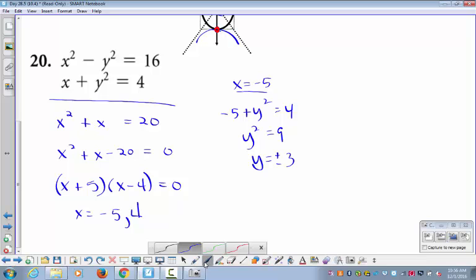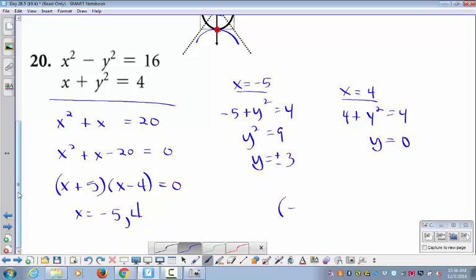And if we take x equals positive 4, again, plug into the second equation. So we have 4 plus y squared equals 4. Y will be 0. So it appears that we have three solutions.